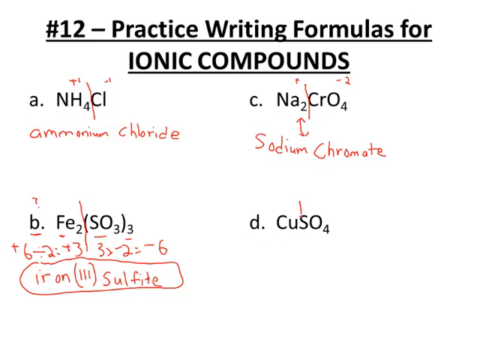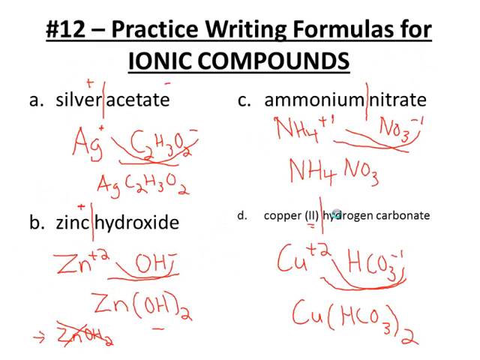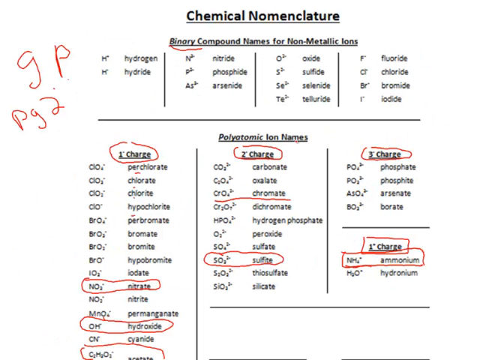Copper sulfate, drawing a line between our first element and the rest of it. Notice right away we have a transition element, so transition elements, we need those Roman numerals. That's our hint right away. SO4, if you look to your gold packet, is sulfate. So right away, sulfate has a -2 charge.